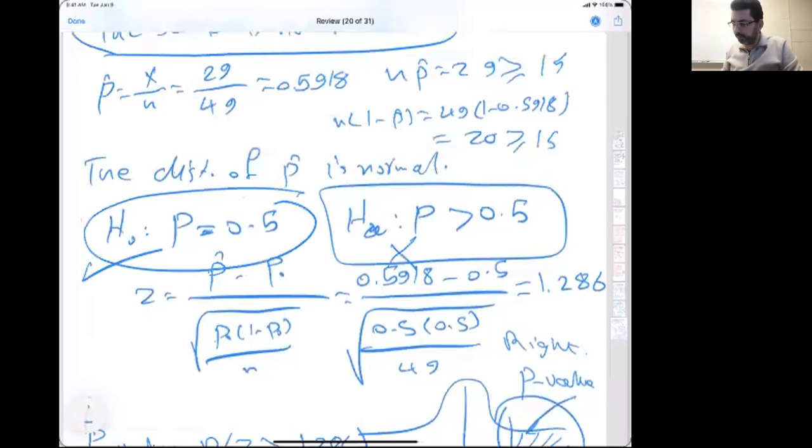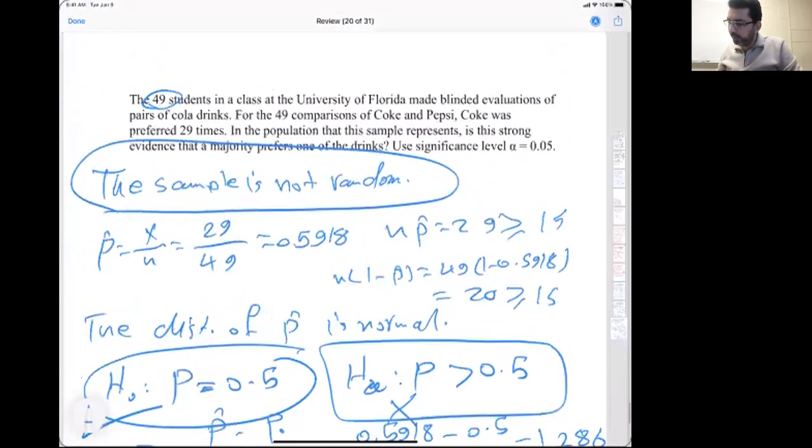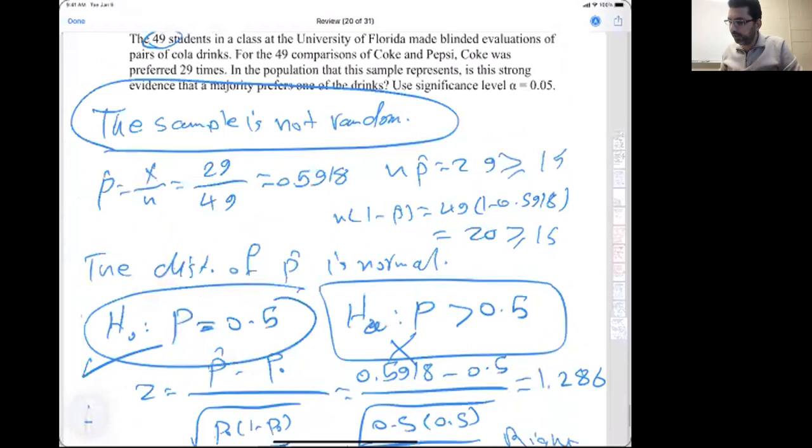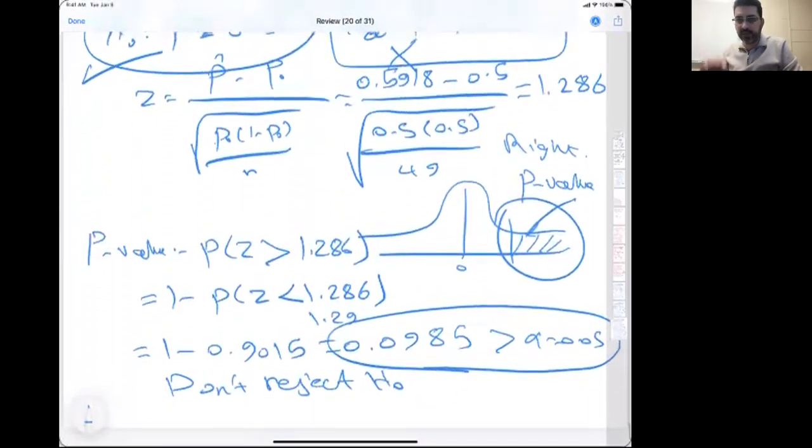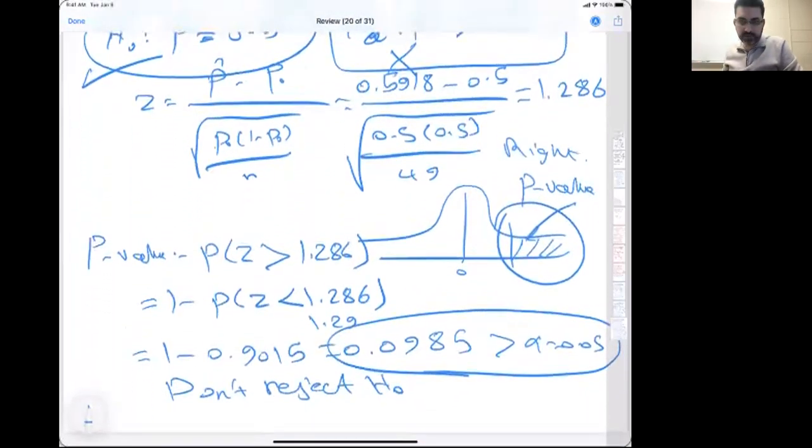So we return to the question: is this strong evidence that the majority prefers one of the drinks? We will say no, because the sample doesn't provide enough support for the alternative hypothesis.